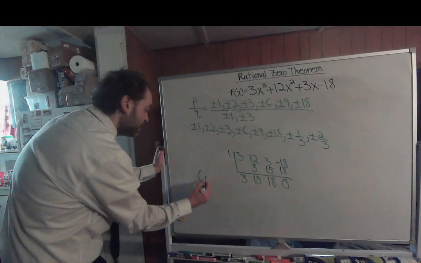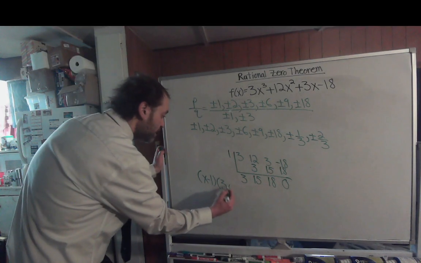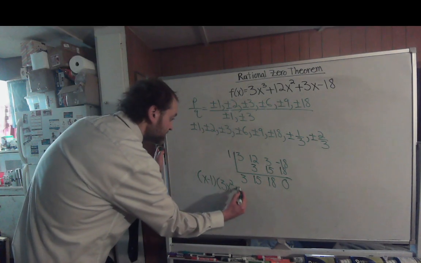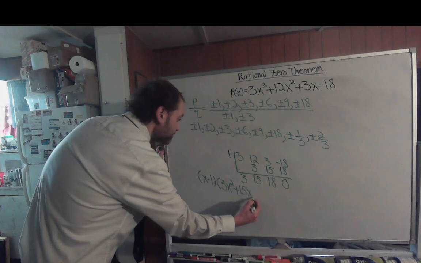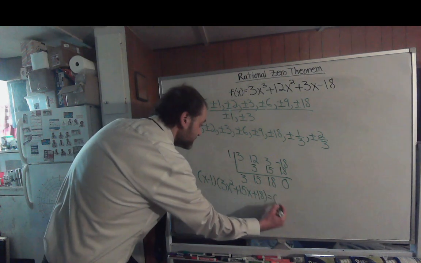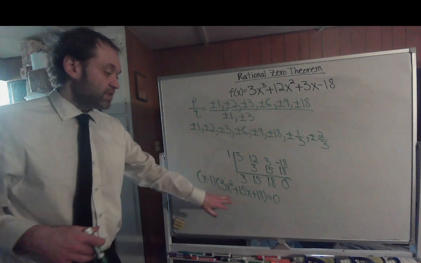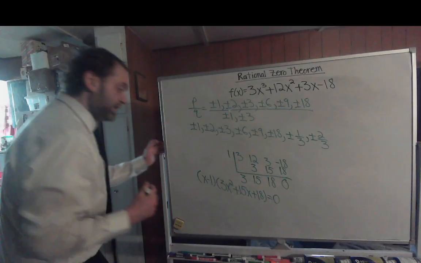So this will become x minus 1 times the quantity of 3x squared plus 15x plus 18 is equal to 0. Well, good news is we could factor out a common 3 on the quadratic factor. Let's do that.